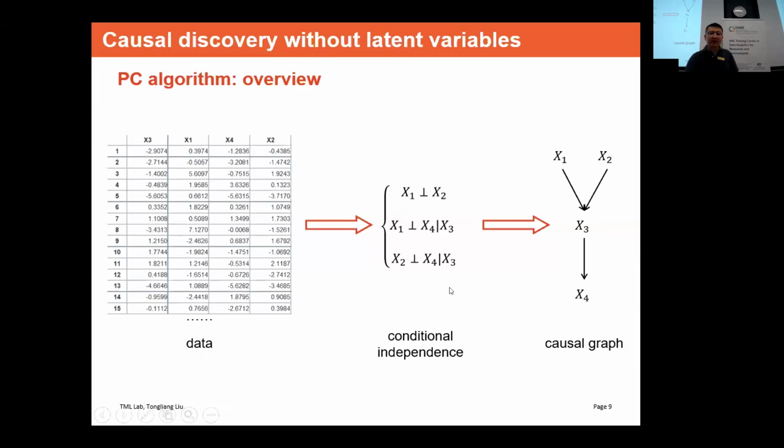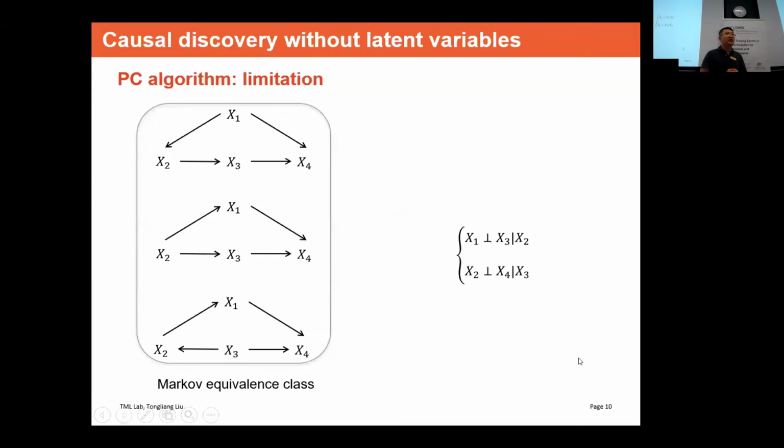For the PC algorithm, the recovered causal graph is not unique. Given a set of conditional independences, or in other words a set of d-separations, which is a concept for graphs, we can construct a set of graphs which have the same d-separations. We call that set of graphs a Markov equivalence class.